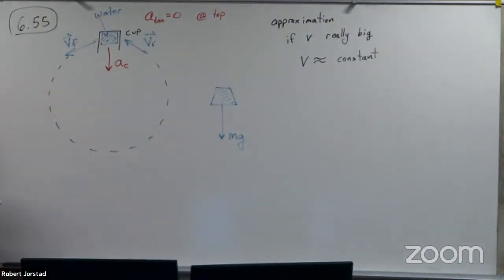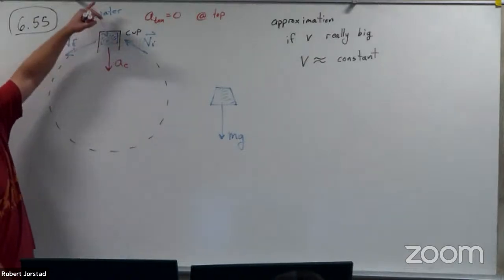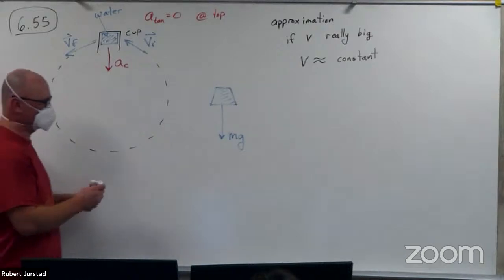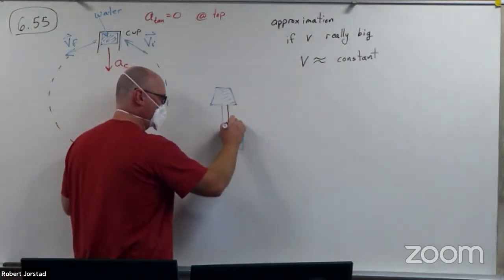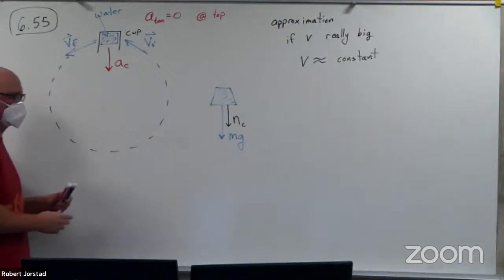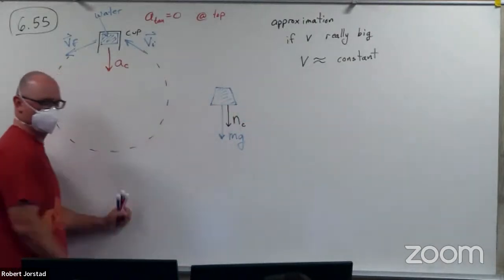Now, what was the other one you were saying? A normal force from the cup, right? Which way? What is the cup doing? Is the cup pulling the water upwards or pushing the water downwards? Pushing it downwards. This is okay. What forces act left and right?